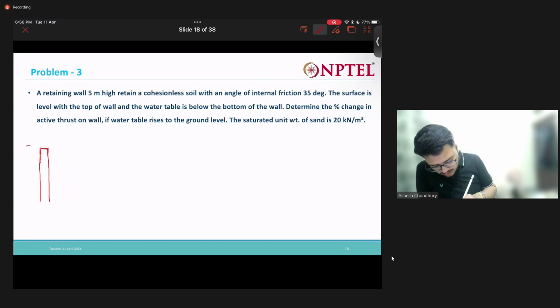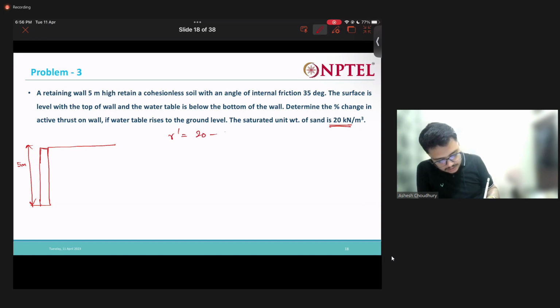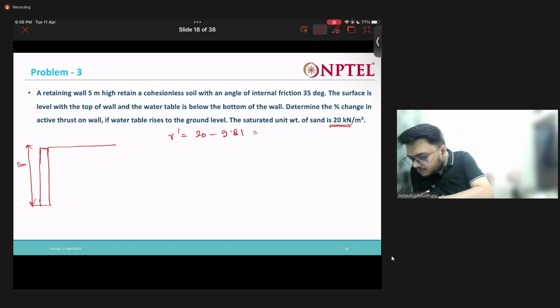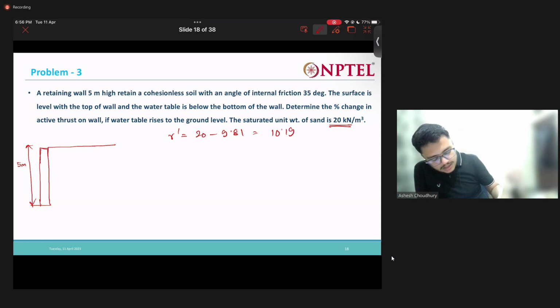So this is our wall, 5 meters, surface is level. Saturated unit weight is given. So what will be my submerged gamma? 20 minus 9.81, 10.19.